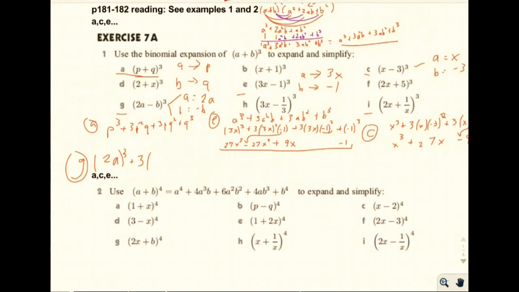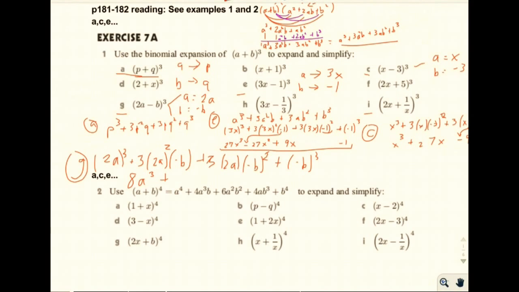Then I'm going to have 2a negative b, and that's going to be squared there. And then it's going to be 3 times 2a and negative b squared. And then I'm going to have negative b cubed. And again, 2a quantity cubed is actually equal to 8a cubed.